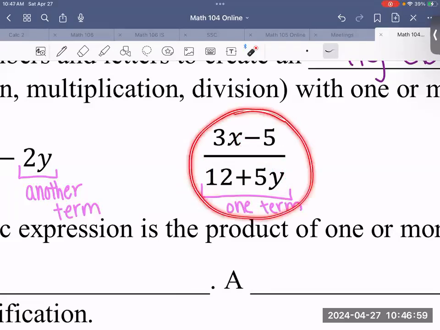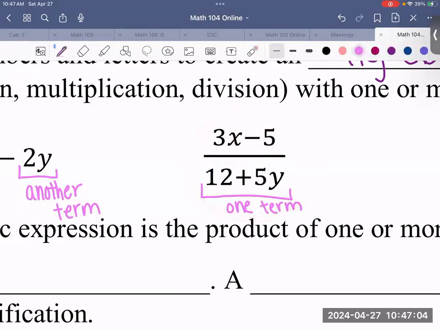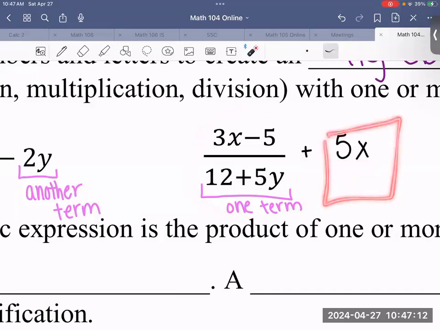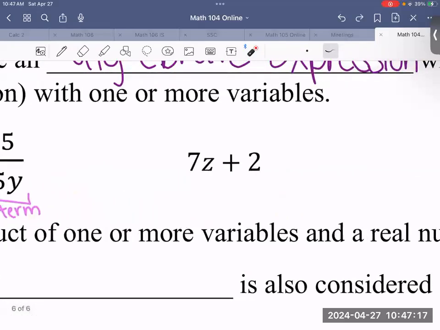This is just one simplified form of it. If you wanted to include plus 5 or plus 5x, whatever it is, because this has a different denominator, this can be considered a second term. And then here, how many terms? Again, 2 terms. 1 term, 2 terms.